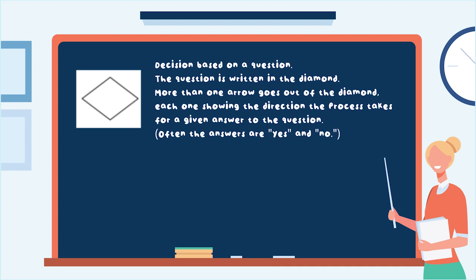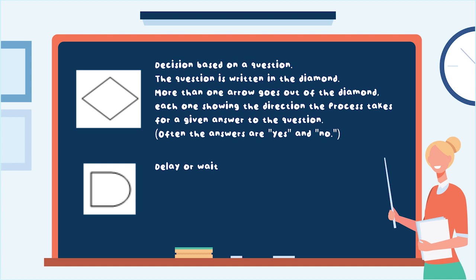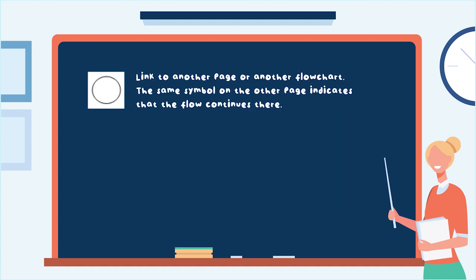Often the answers are yes and no. Picture 4. Delay or wait. Picture 5. Link to another page or another flowchart. The same symbol on the other page indicates that the flow continues there. Picture 6.